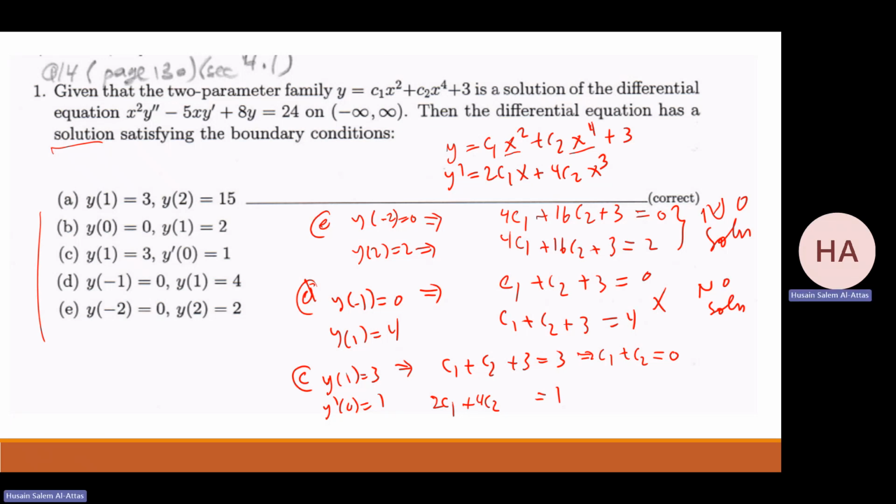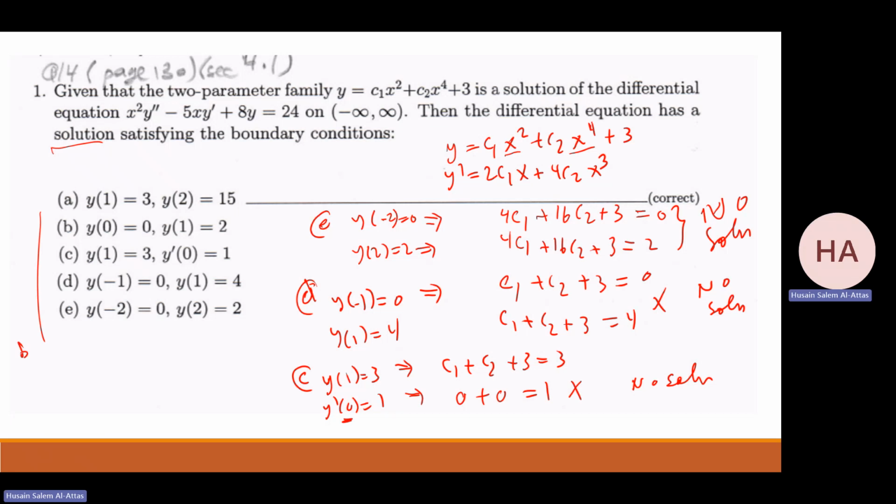This is y prime at 0, so I substitute: 2 times 0 plus 4 times 0 equals 1, which is impossible. So no solution. No need for the other step.